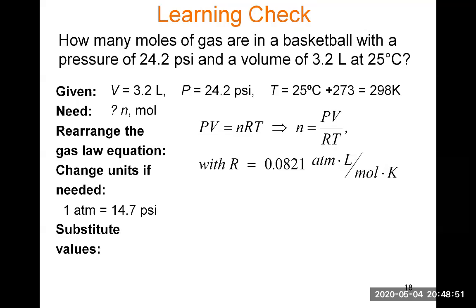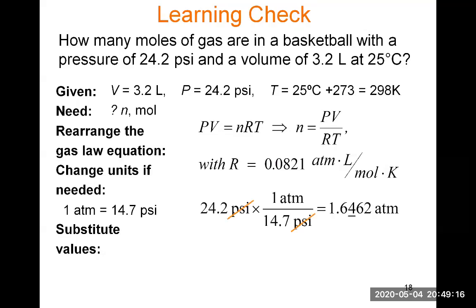So let's change the pressure first, because it has to be in atmosphere now. So the given pressure is 24.2 PSI. That's your given amount, times the conversion factor coming from 1 atmosphere equals 14.7 PSI. So you want to cancel the PSI that are your given amount here.